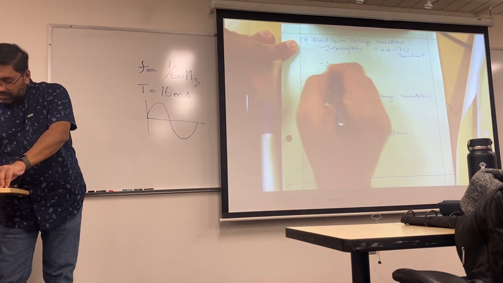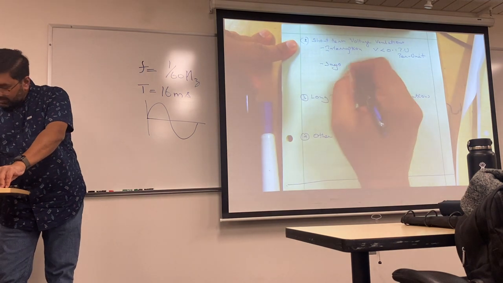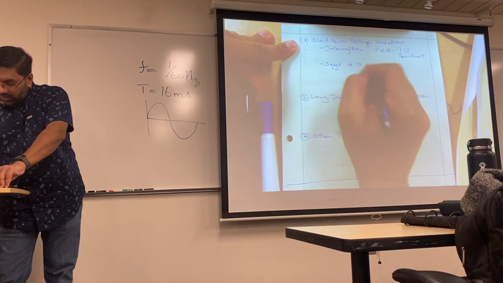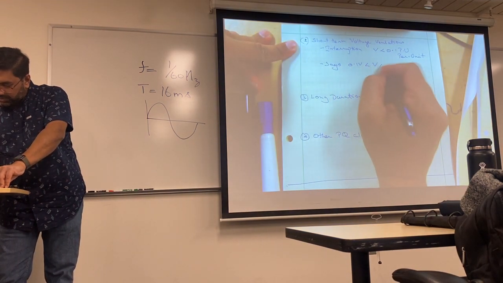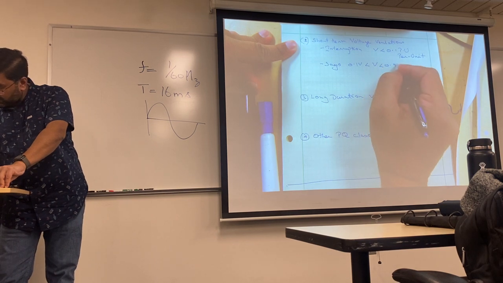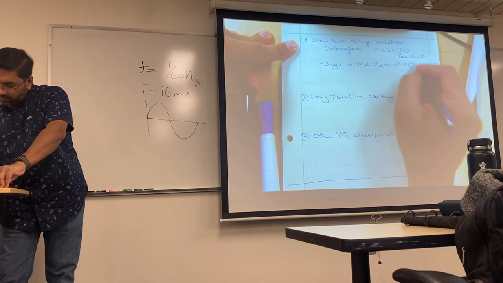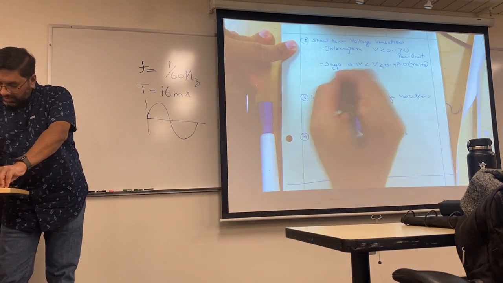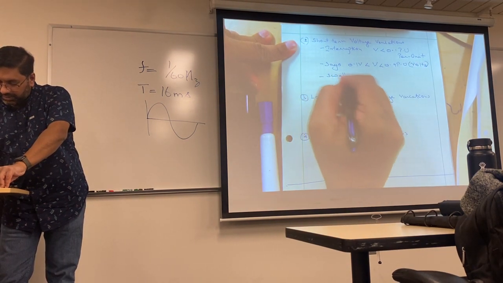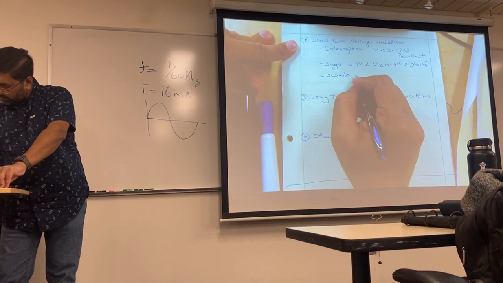Then there are SAGs, which is 0.1 less than E less than 0.9 PU. And there are swells. Swell is 1.9.